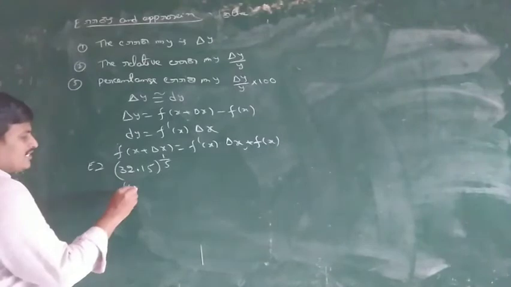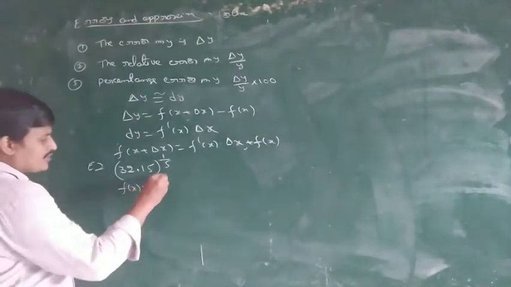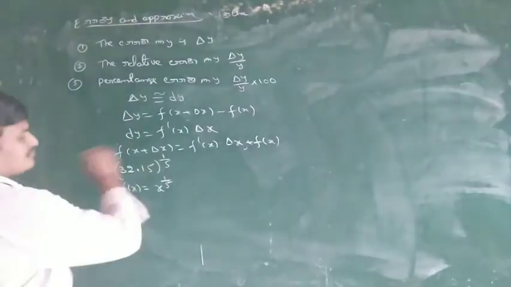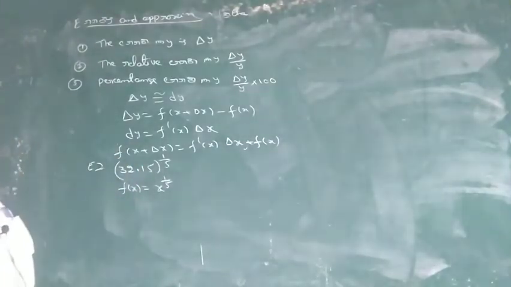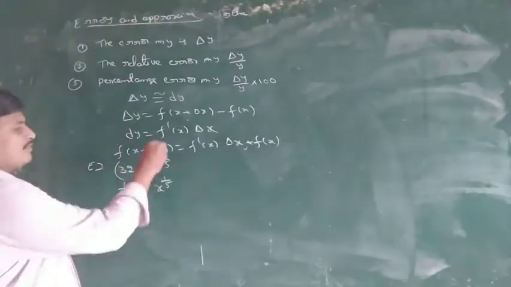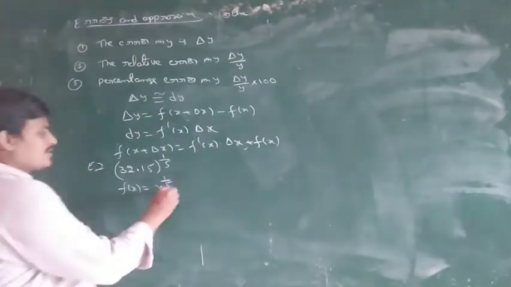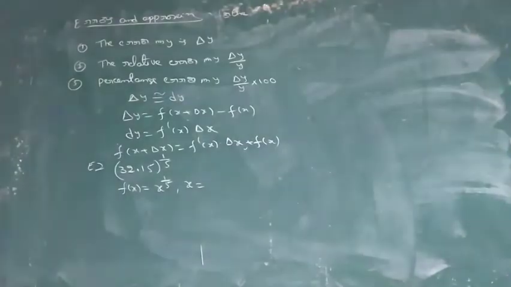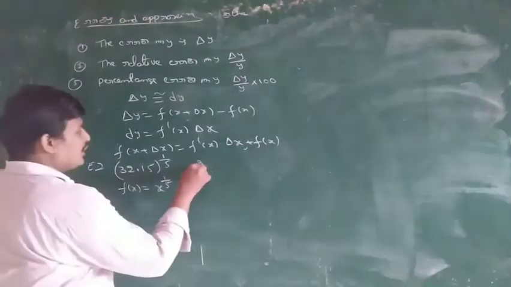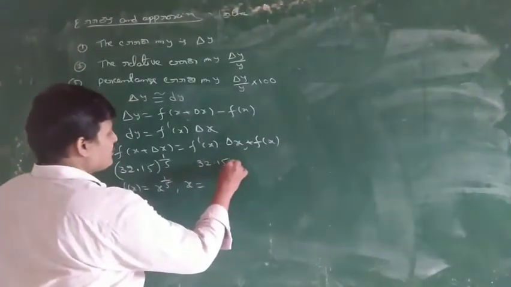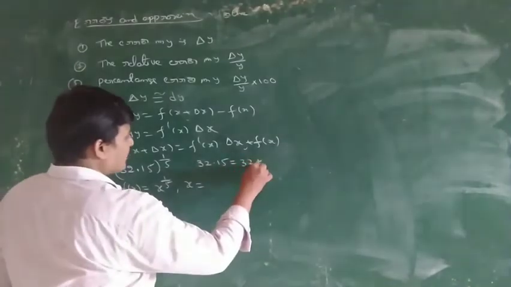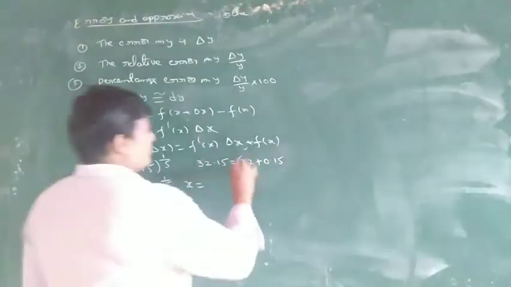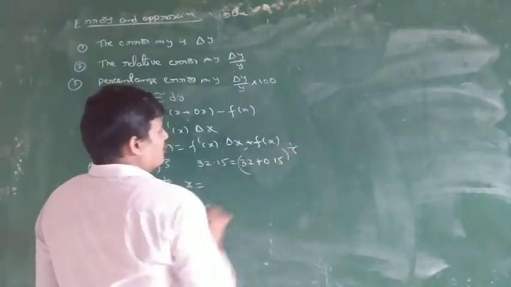So, what is f of x? f of x is equal to x power 1 by 5. Next, what is x? A perfect root value. So 32.15 is equal to (32 plus 0.15) whole power 1 by 5.